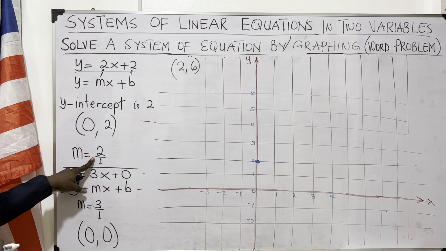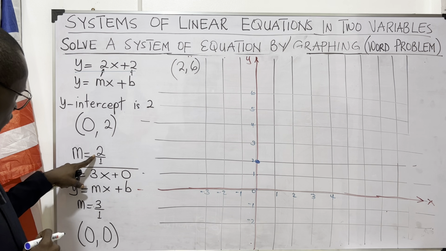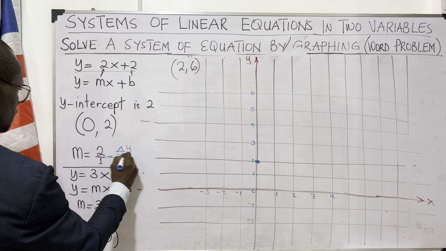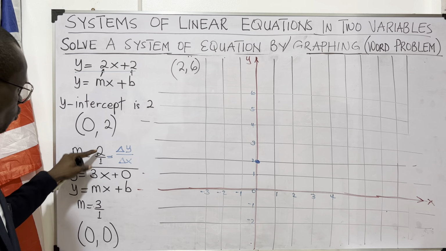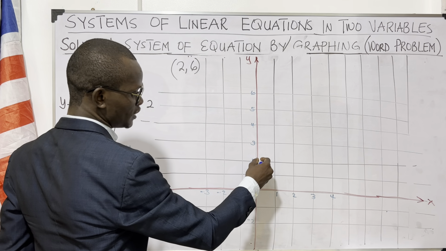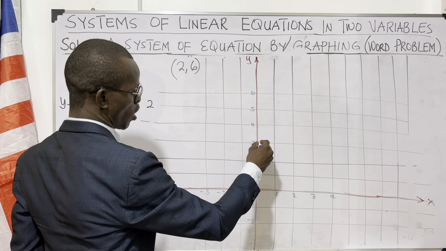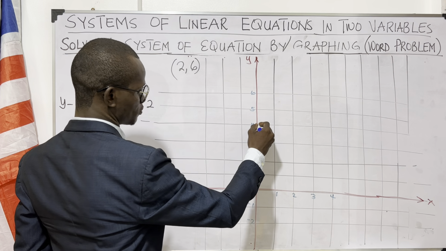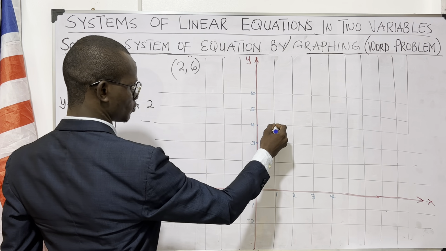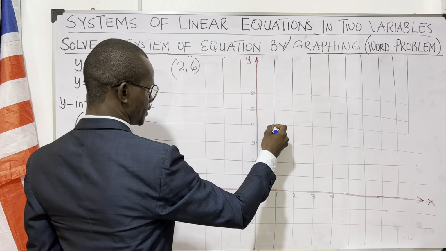Then we come to the slope. The change in y is 2, so we must move 2 units in the y direction, 1 and 2, and then we move 1 unit in the x direction. Right?